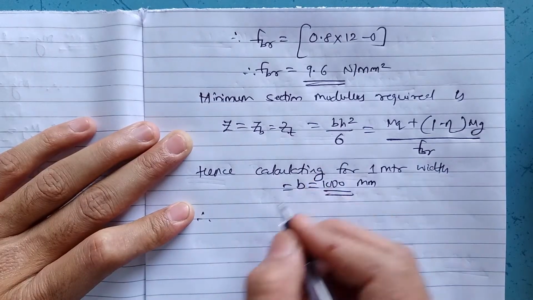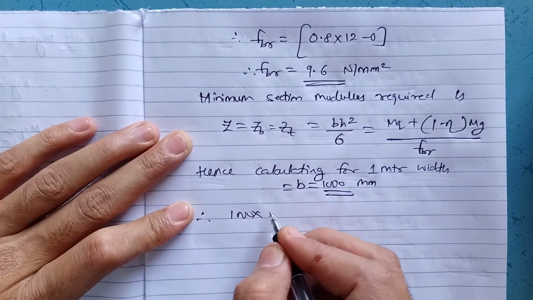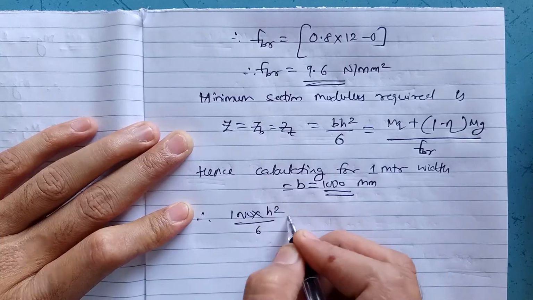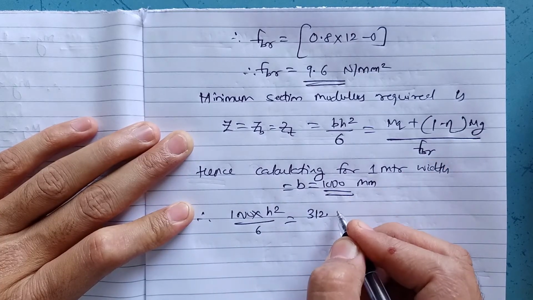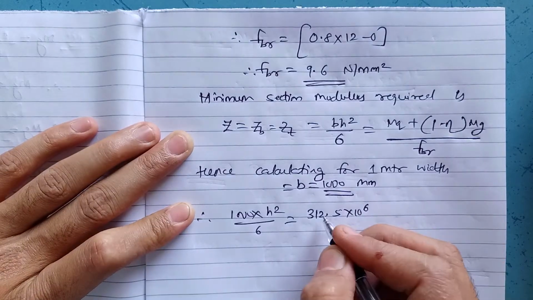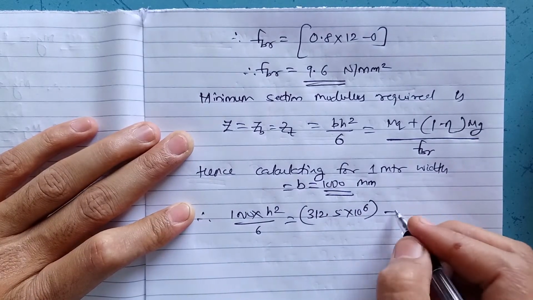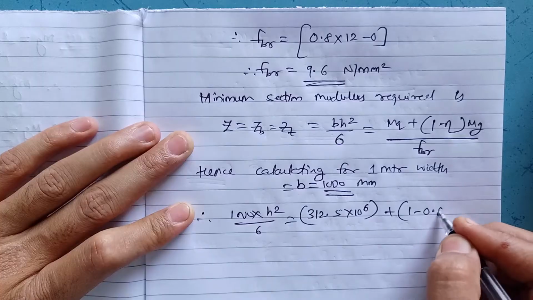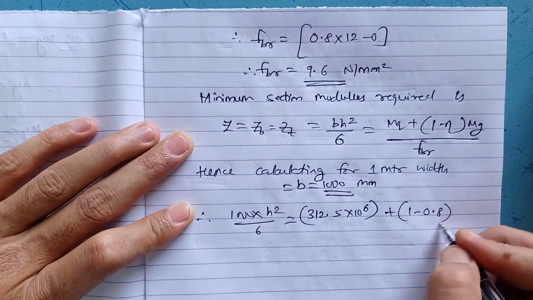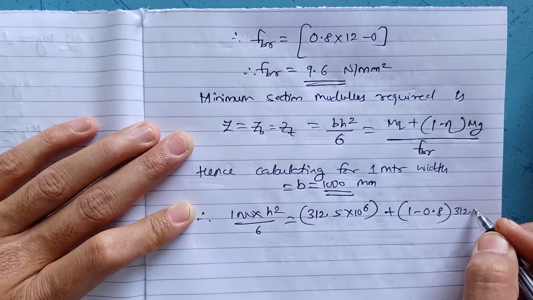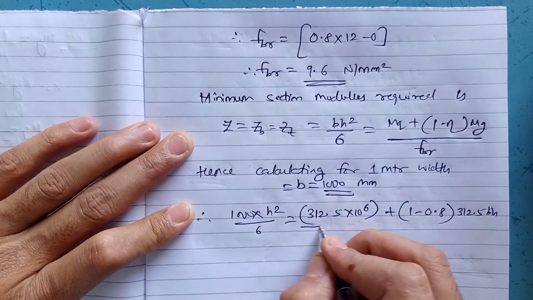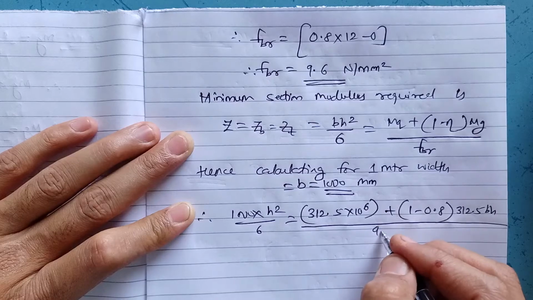Substituting all the values, this B as 1000, H is unknown, divided by 6, MQ we have calculated as 312.5 into 10 raised to 6, we are converting into Newton mm, plus 1 minus eta, it is given in the problem statement as 0.8, into MG we have calculated as 312.5 into B into H in terms of BH, divided by 9.6.